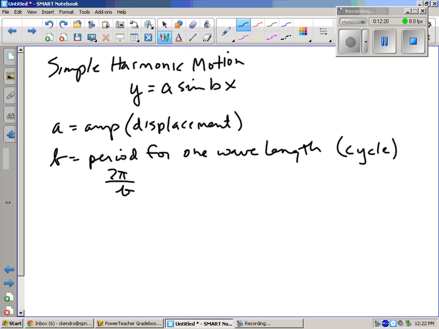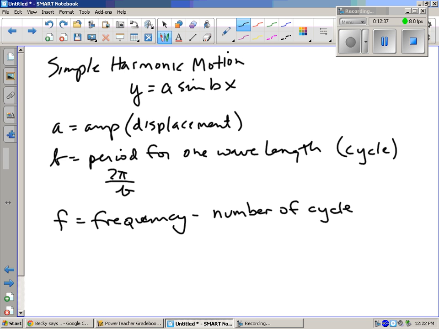Now another thing we're going to talk about is F, which stands for frequency. And frequency is basically the number of cycles per unit of time. So if we're talking minute or whatever.